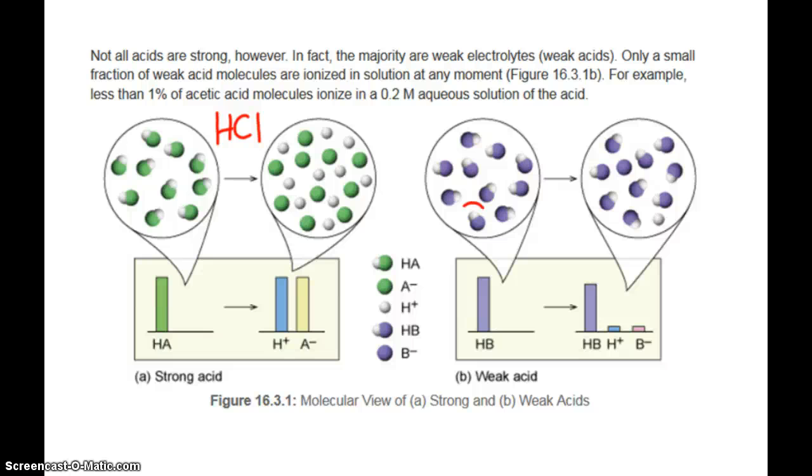But here you see HBs. Let's call it hydrofluoric acid. On the other side, you see one fluoride and one hydrogen, and then all the rest are still intact. So there's just a tiny little bit of dissociation. That's the difference between strong and weak. Over here, everything is dissociated. The weak, not so much.